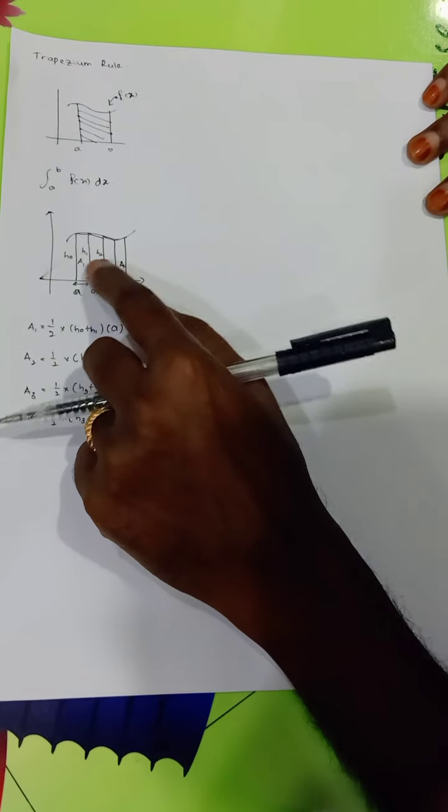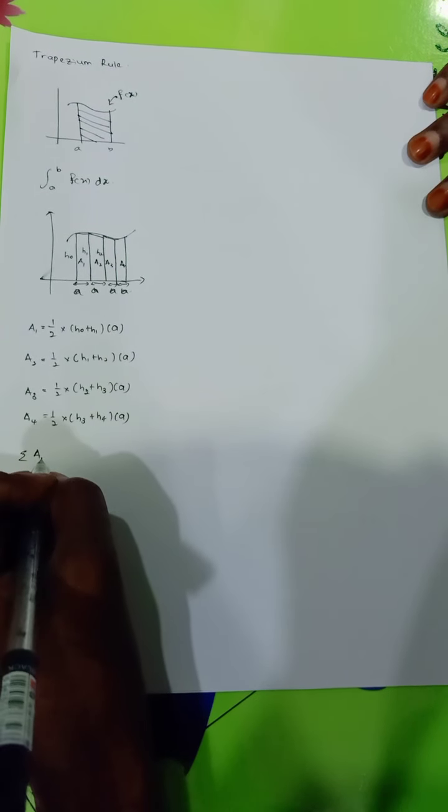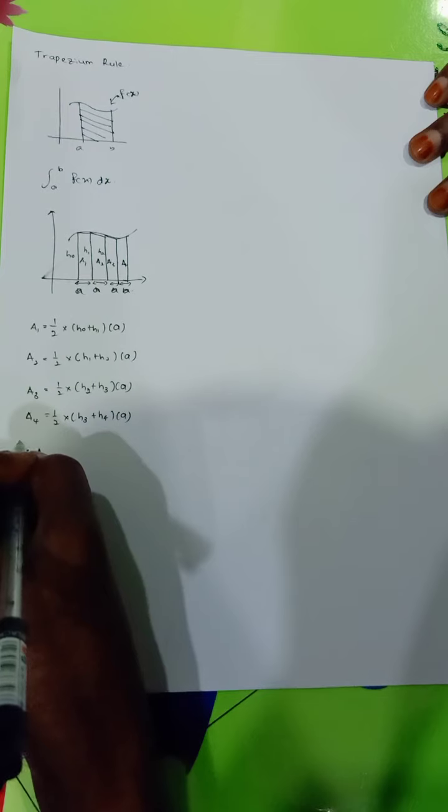In order to find the area, it's the summation of area n, where n equals 1 until n equals 4.